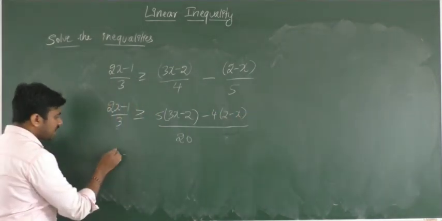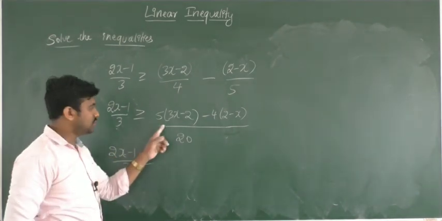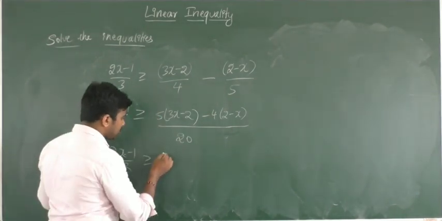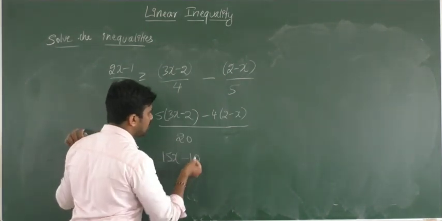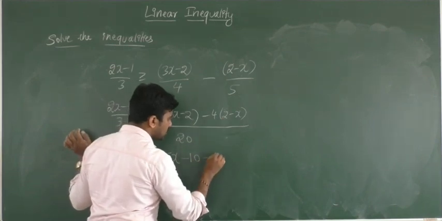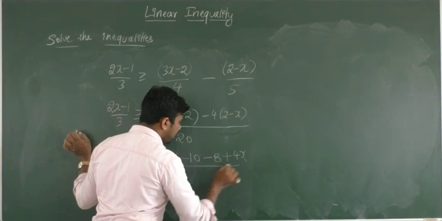Again we can write 2x minus 1 divided by 3 greater than or equal to 5 into 3x, 15x, 5 into minus 2 minus 10, minus 4 into 2 minus 8, minus 4 into minus x plus 4x, divided by 20.